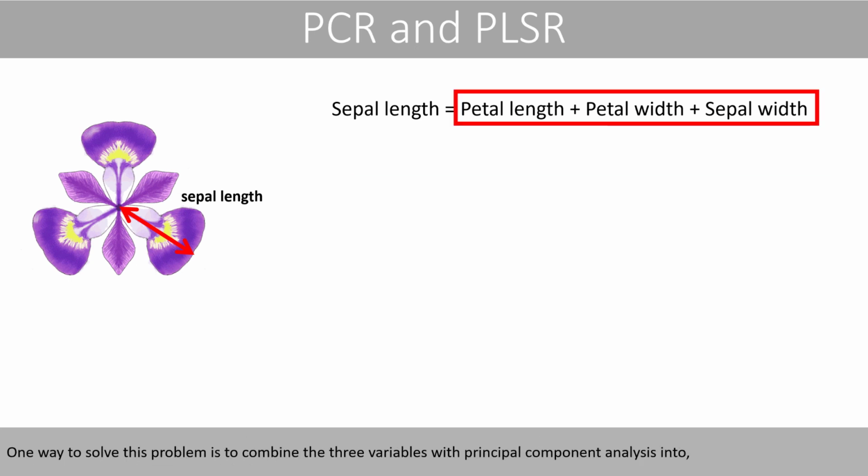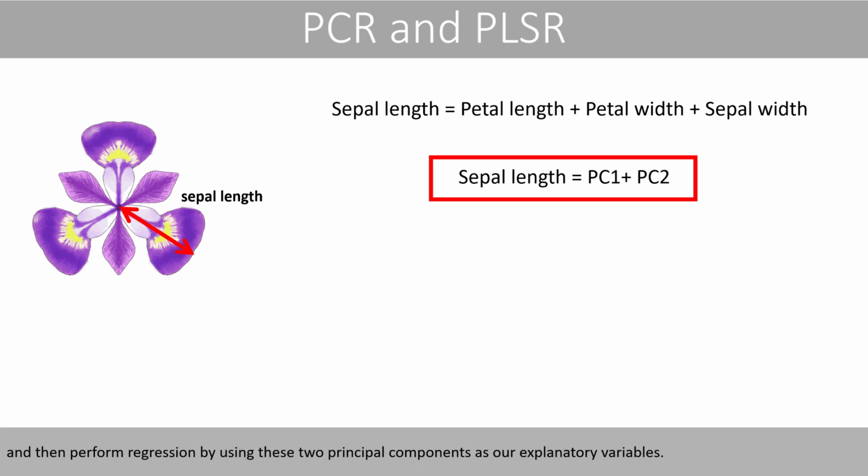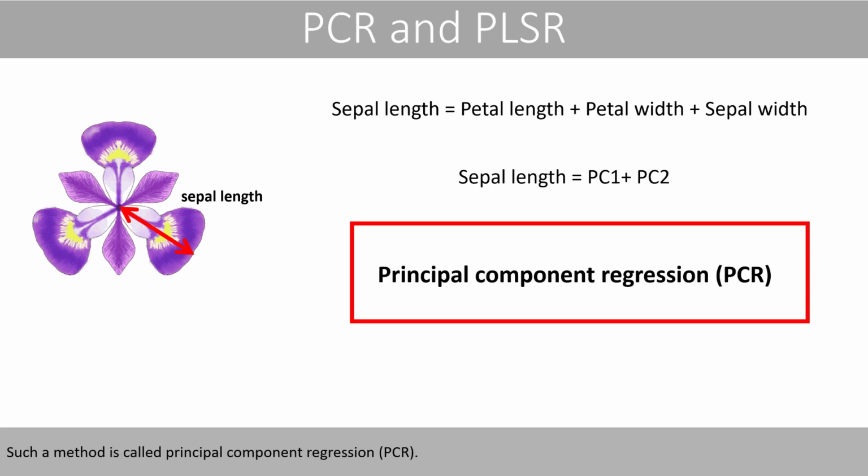One way to solve this problem is to combine the three variables with principal component analysis into fewer variables. For example, we can combine the three variables into two new variables called PC1 and PC2, and then perform regression by using these two principal components as our explanatory variables. Such a method is called principal component regression.